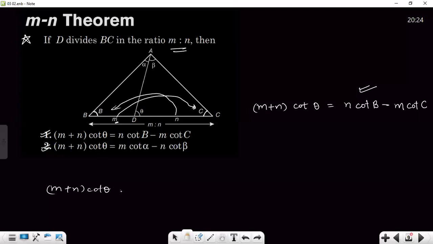M plus N cot theta can also be written as M cot alpha minus N cot beta. N is here and beta is nearer. Here, M cot alpha, which is not nearer to theta, is written first. These are some patterns to recognize.